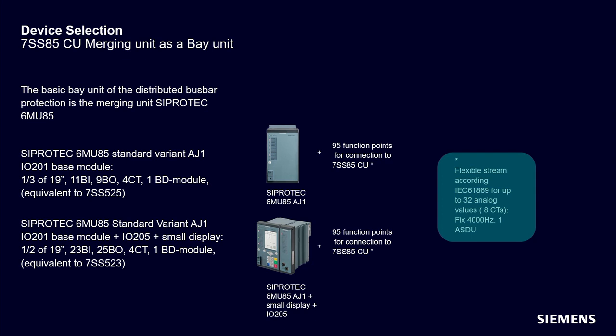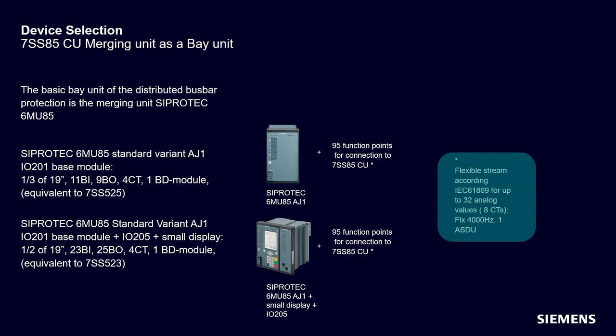In contrast to the Bay unit of the 7SS52, where it was possible to cover only 1 CD per Bay unit, with the 6MU85 or also with all other modular Siprotec 5 devices, you can cover up to 8 CDs, 8 current measuring points, within 1 Bay unit.